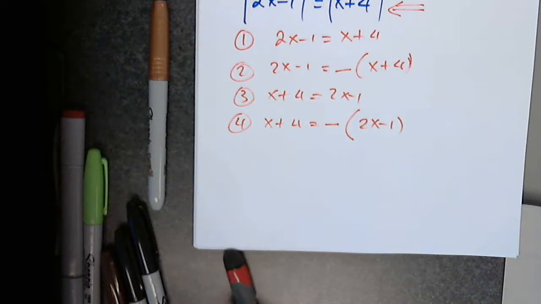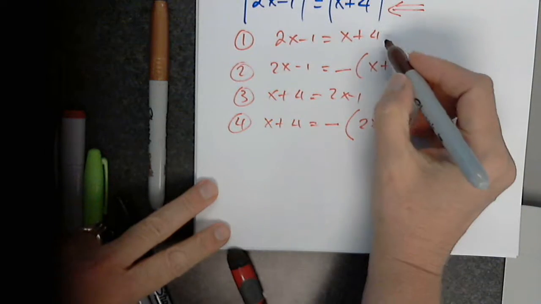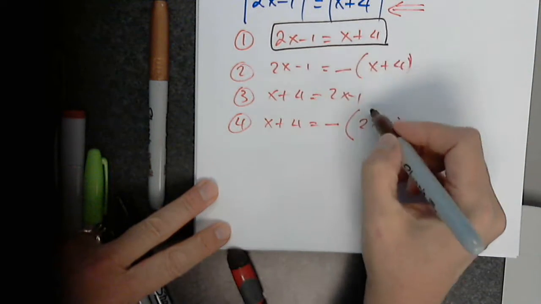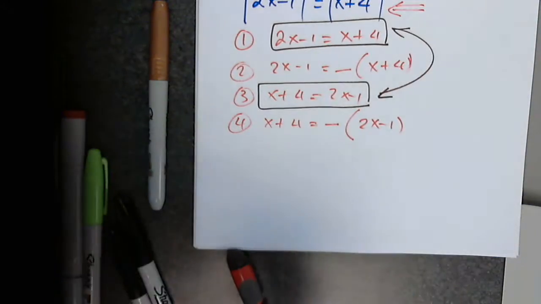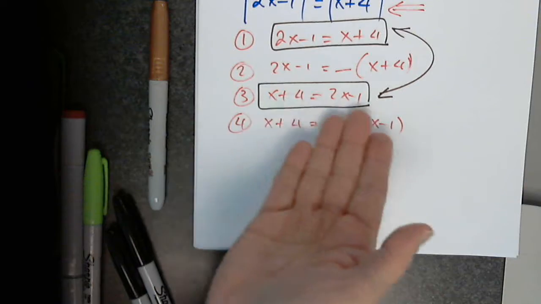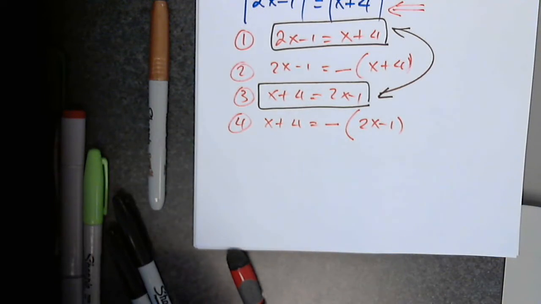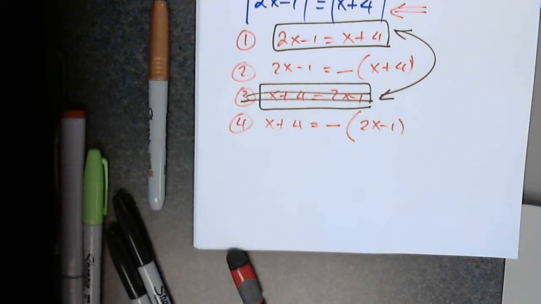So let's look at this and analyze them. Would you agree that actually this is the same with this? If I say x plus 4 equals 2x minus 1, or I say x plus 4 equals 2x minus 1, are they the same? So there is no point in writing the third one.